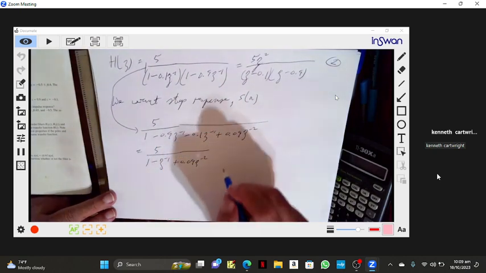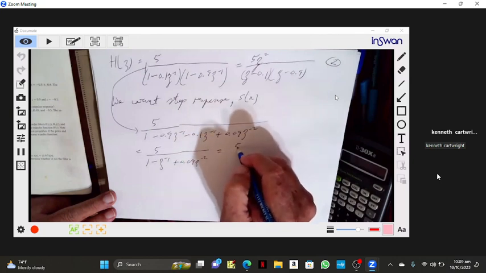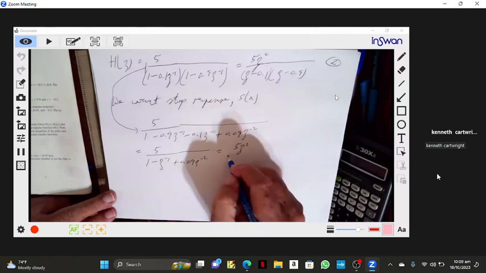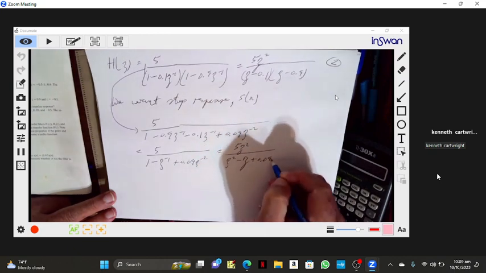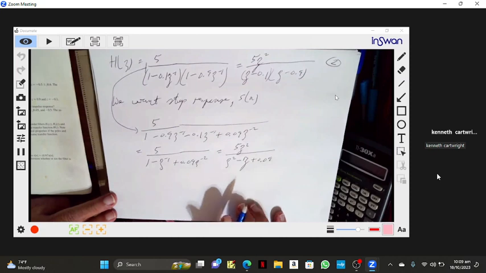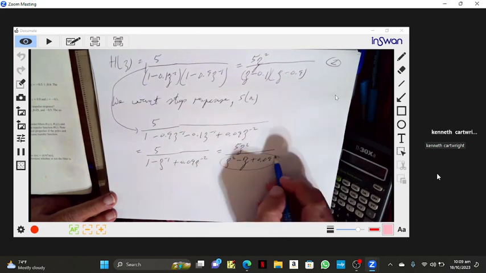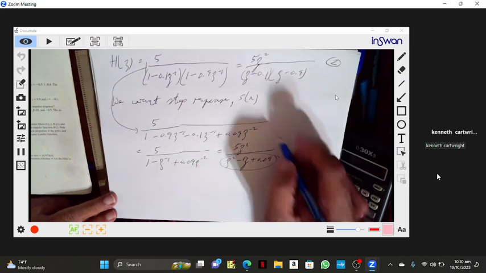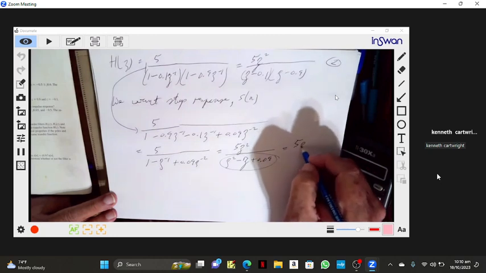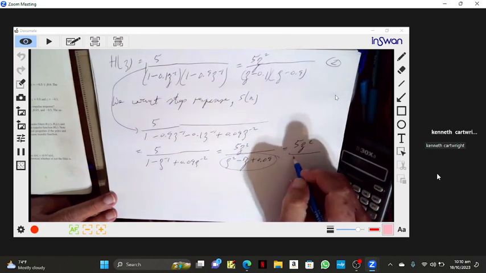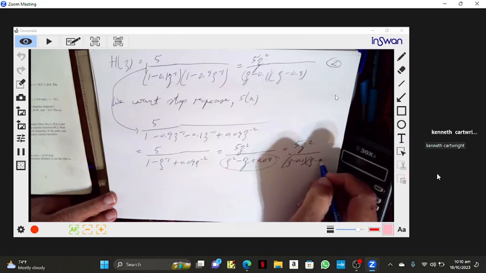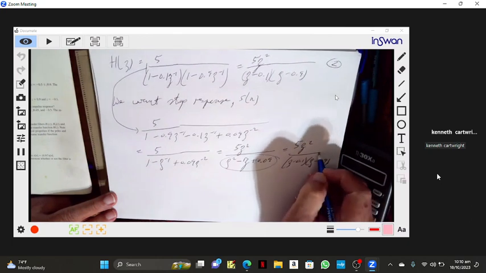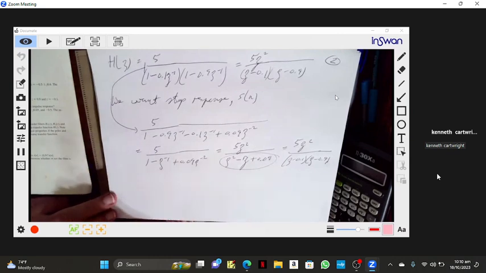Now multiply top and bottom by z squared. 5z squared over z squared minus z plus 0.09. And then this factors into the bottom. Yeah, so now we have it in standard form.